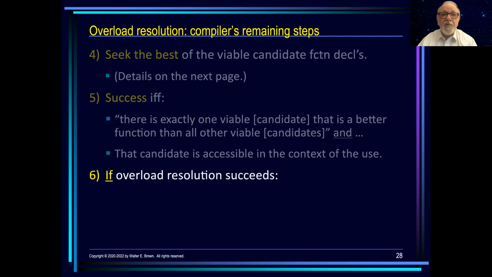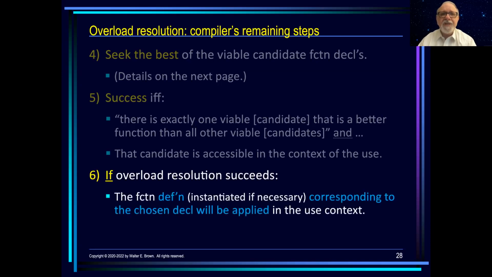So if overload resolution succeeds, now for the first time, the compiler cares about the definition of the function. We haven't done anything with definitions yet. Everything has been declaration only. If overload resolution succeeds, the function definition corresponding to the chosen declaration will be applied in the context of the use, typically a call.